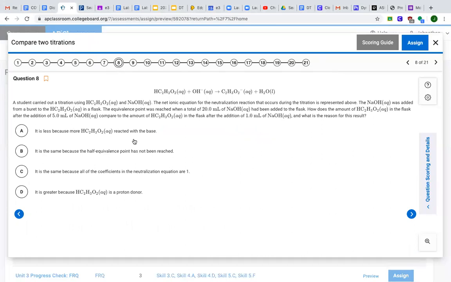The equivalence point was reached when a total of 20.0 milliliters of sodium hydroxide had been added to the flask. How does the amount of acetic acid in the flask after the addition of 5.0 milliliters of sodium hydroxide compare to the amount of acetic acid in the flask after the addition of 1.0 milliliters of sodium hydroxide? What is the reason for this result?